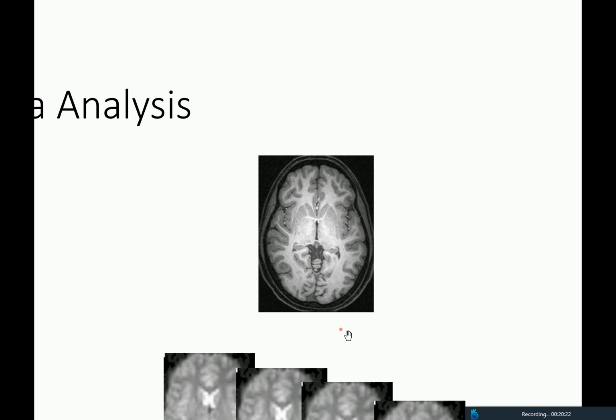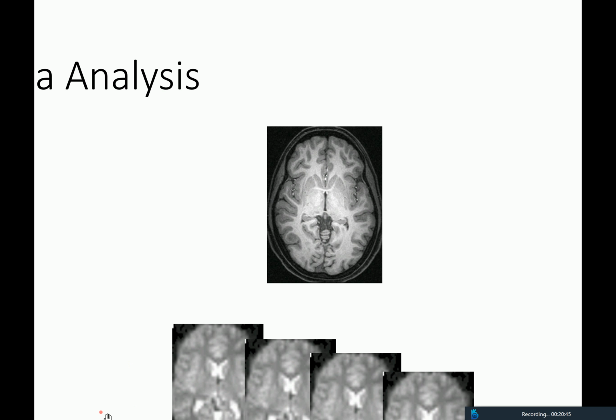This is a typical T1 image. It's a beautiful anatomical image, so you can see gray and white matter nicely. You can see the basal ganglia nicely. It has quite high resolution, usually like 1 millimeter spatial resolution. It's great, but this is not the stuff that is actually used for fMRI.